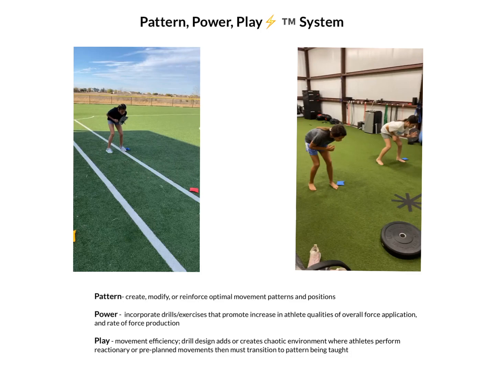So what pattern is, it's the first step of modeling a session and an ability for an athlete to acquire a skill or a movement. So when we look at patterns, it is either to create, modify, or reinforce optimal movement patterns and positions. So when we have pattern level exercises and drills, we use these in the forms of isometrics, low body weight or low load movements that include high volume.